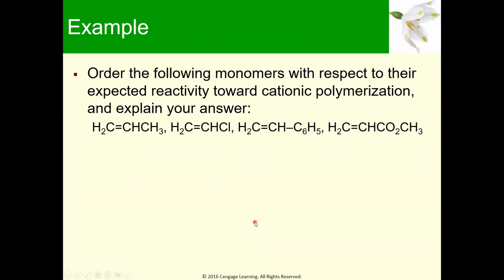Okay, so what we want to do in this example question is order these with respect to their expected reactivity toward cationic polymerization and explain your answer. Okay, so one way to think about this is we need to think about what is attached to each one of these vinyl groups, and we need to classify whether it's electron donating or electron withdrawing.